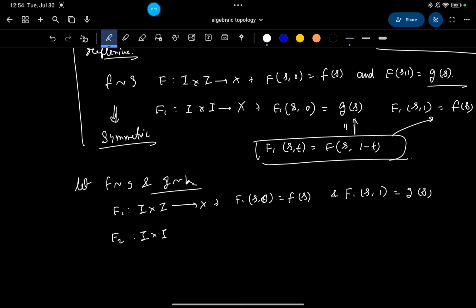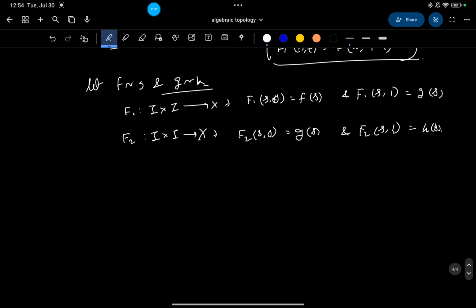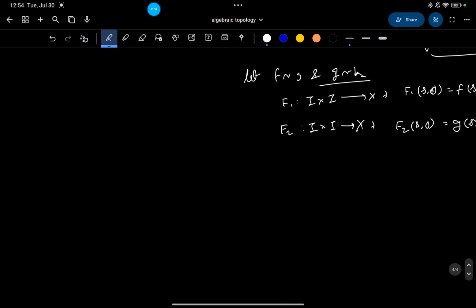Similarly, F2 from I cross I to X such that F2 of s comma 0 is g of s, and F2 of s comma 1 is h of s. So I will just join these two paths.